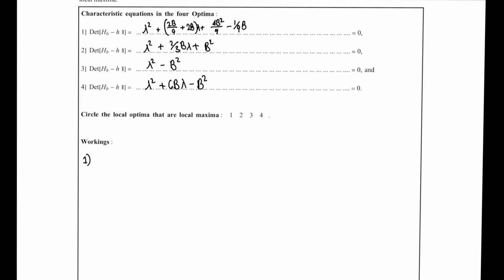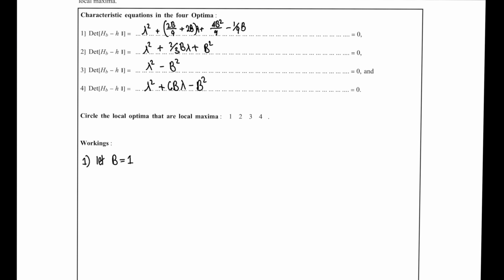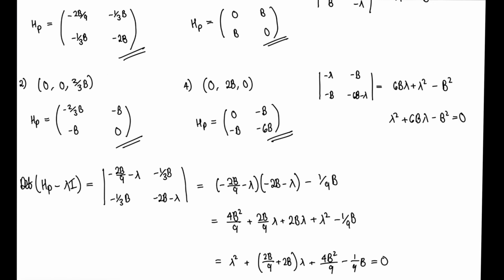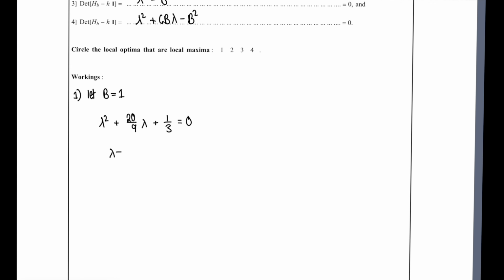We can let b is equal to 1 and say lambda squared plus 20 over 9 lambda, and then plus 3 over 9, which is 1/3, equal to 0. So we get this. So lambda is minus 10 plus root 73 over 9, or it is minus 10 minus root 73 over 9.